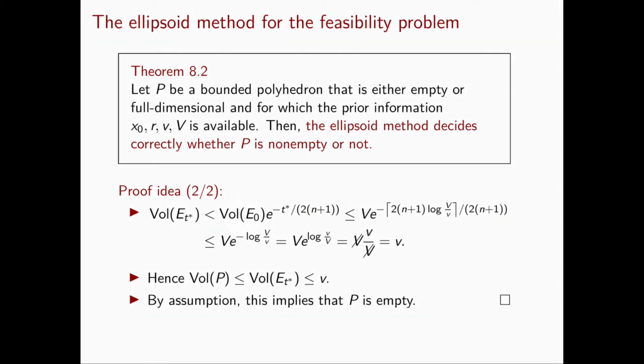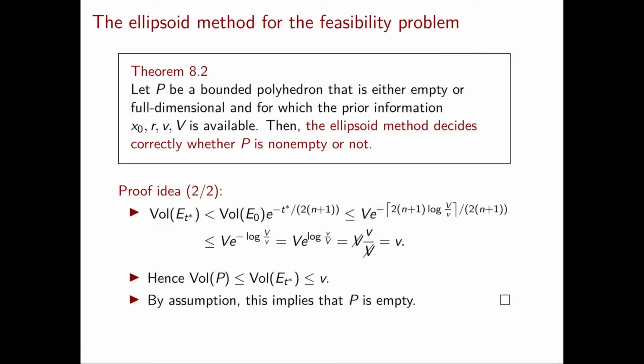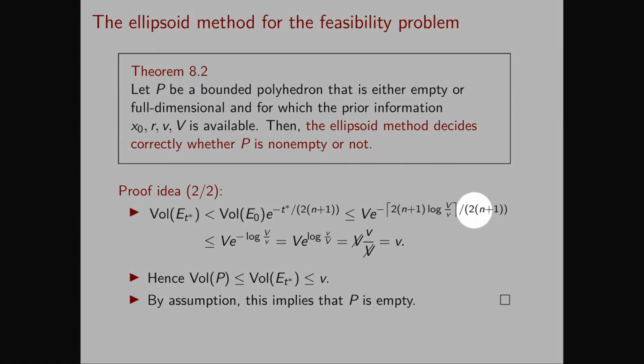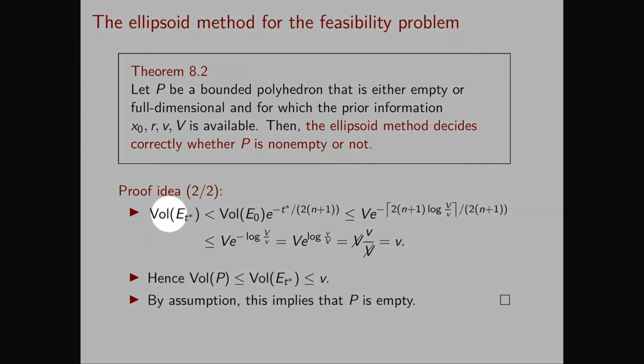Now we know that the volume of E_0 is at most capital V, and we substitute t star with its definition, which is the ceiling of 2(n plus 1) log of capital V over v. Now you can upper bound this quantity by essentially simplifying in the exponent 2(n plus 1). So far we have obtained that the volume of E_{t star} is upper bounded by capital V times e to the minus log of capital V over v.